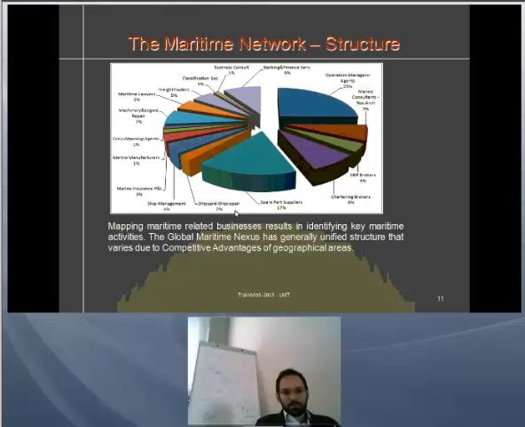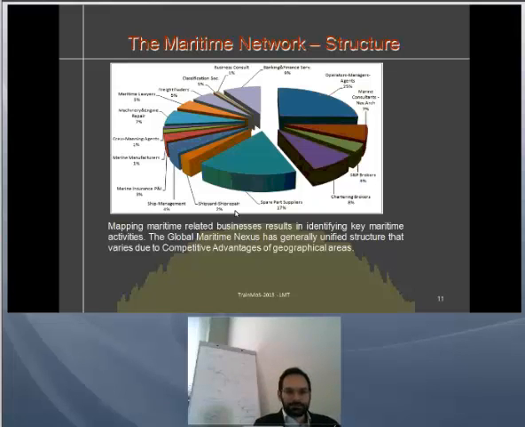So this is a typical composition of the maritime network, and we can see this is coming from an actual maritime cluster, and we can see the composition of it, and in what percentage each of these stakeholders exist in this cluster.